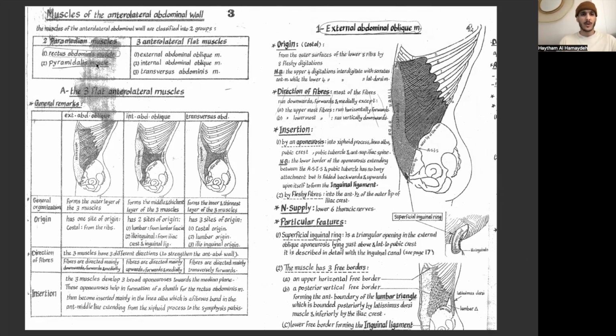So it gives you the paramedian muscles, 3 anterolateral flat muscles, and I mentioned all of them. There's a table that summarizes what we've talked about. And then it dives individually into the muscles that we discussed.